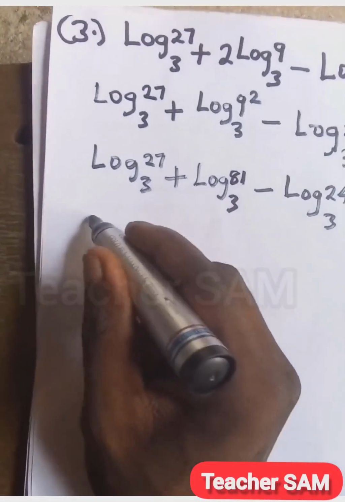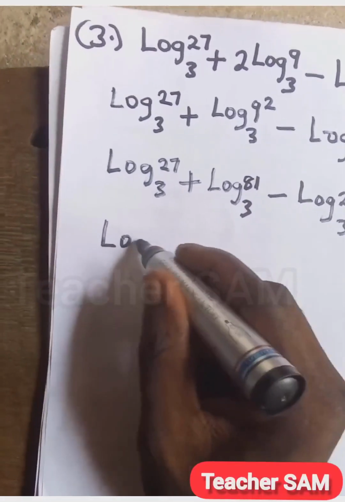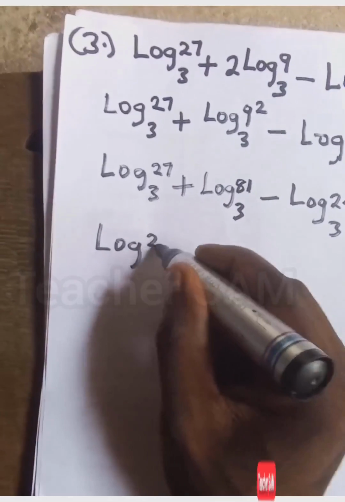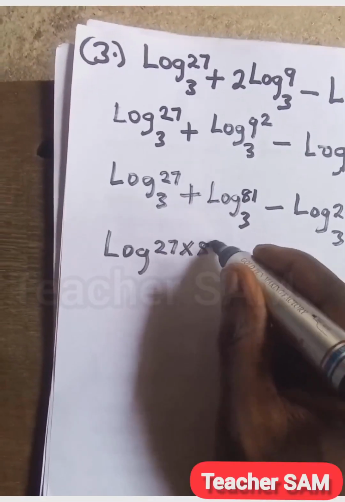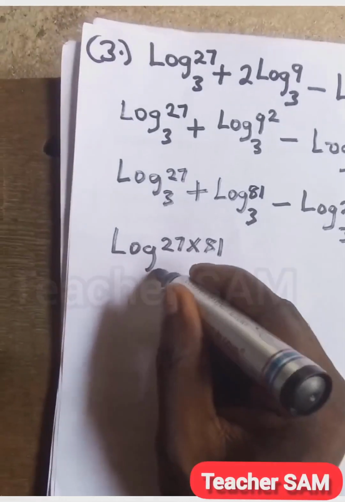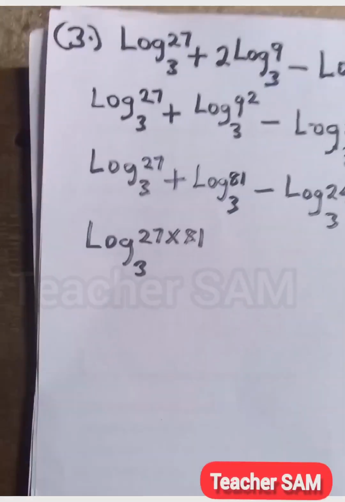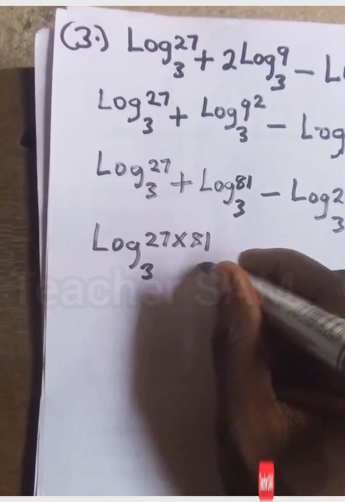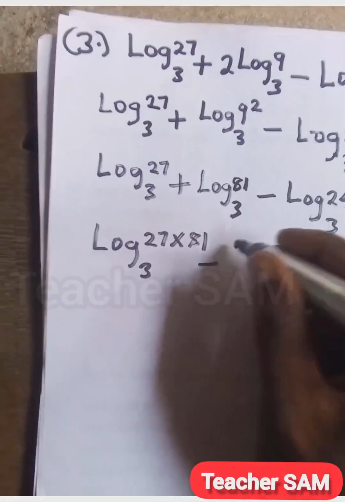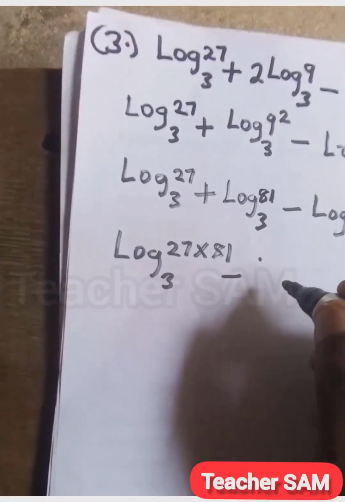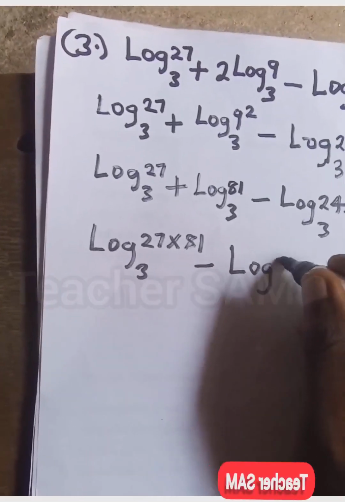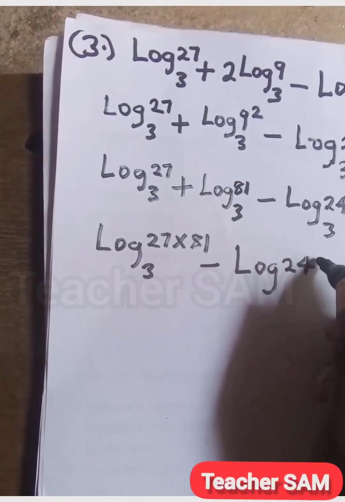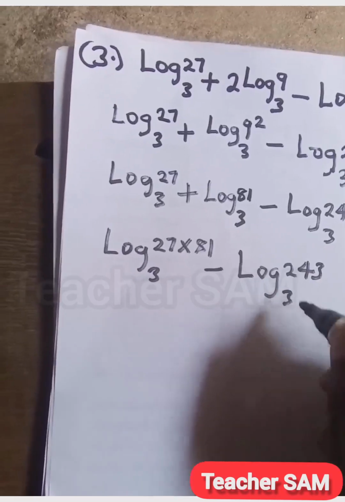This will now be log of 27 times 81 to base 3 minus log 243 to base 3.